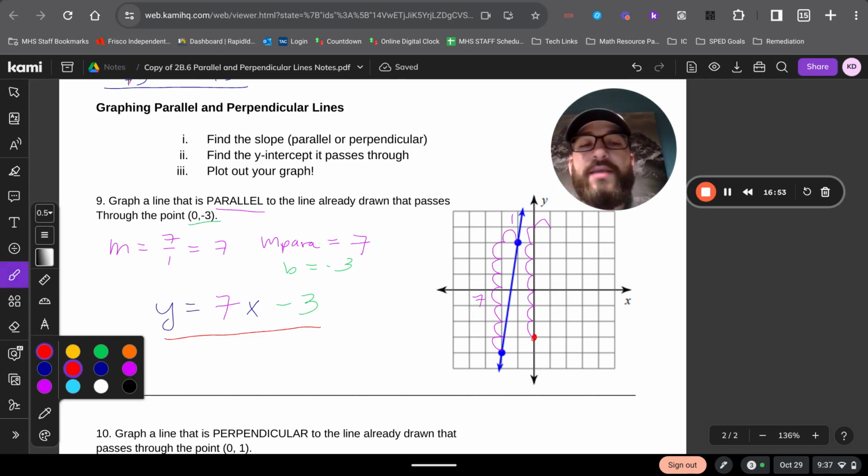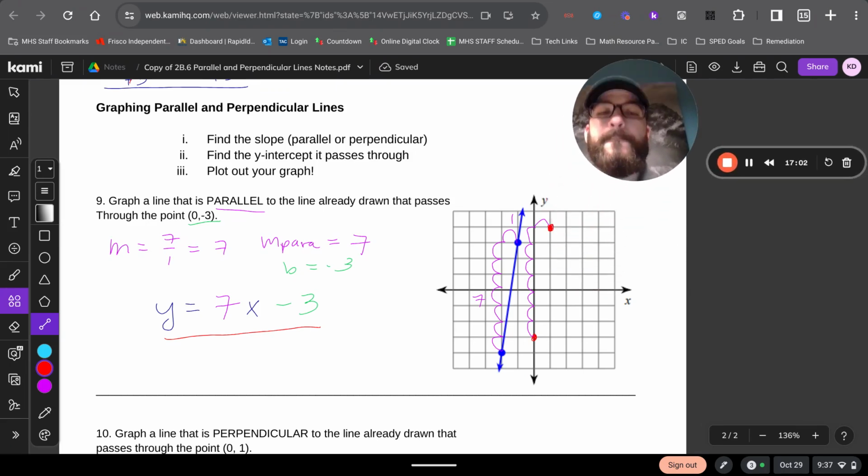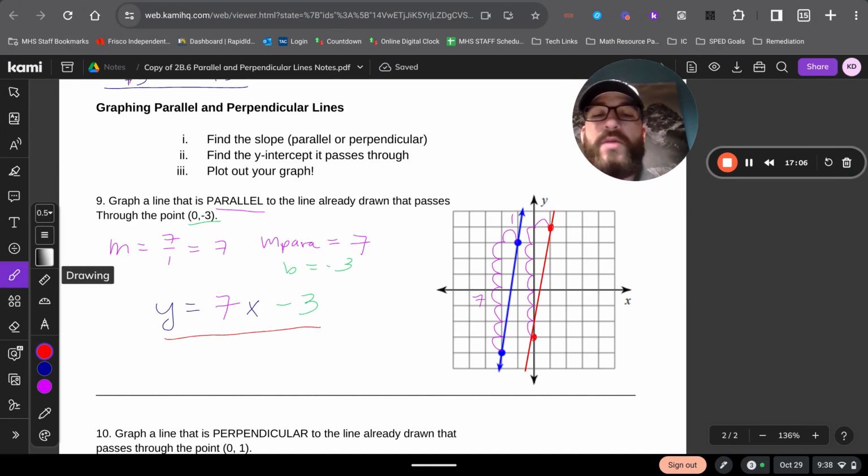And that'll give me that second point. And then from there, I can draw my straight line. And we can clearly see, even though my line might not be perfectly through that slope, that those two lines are parallel. They just go through different y-intercepts.